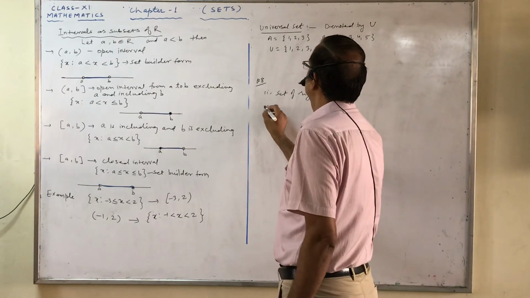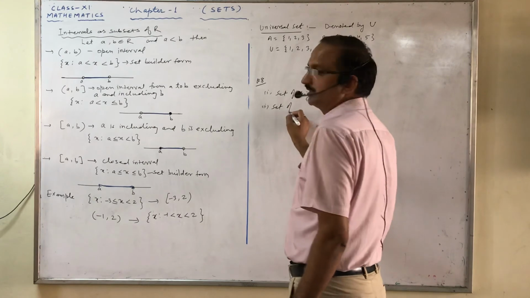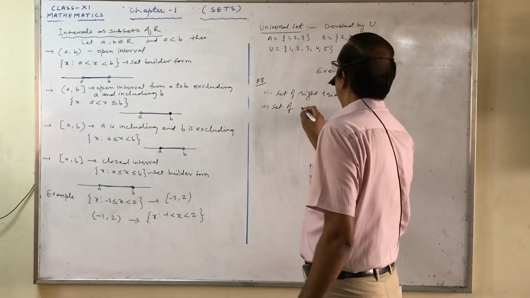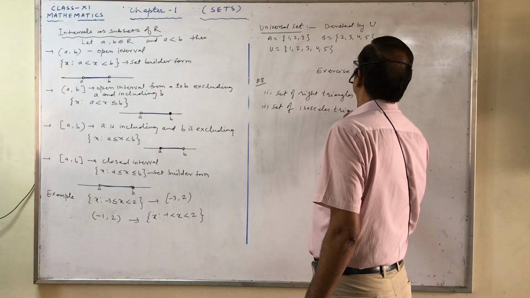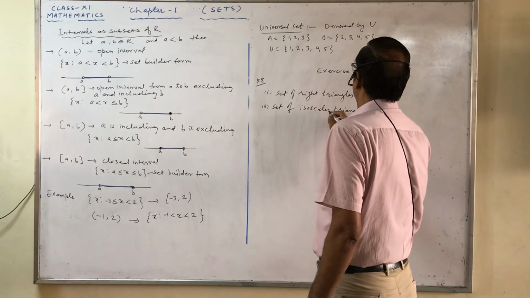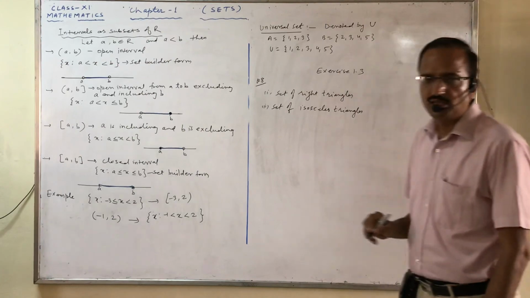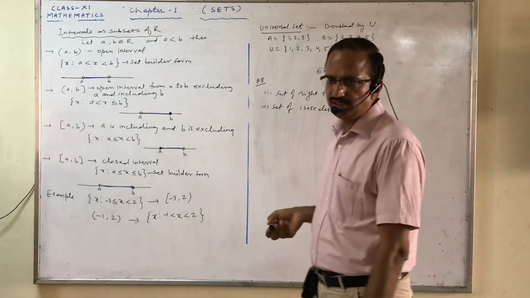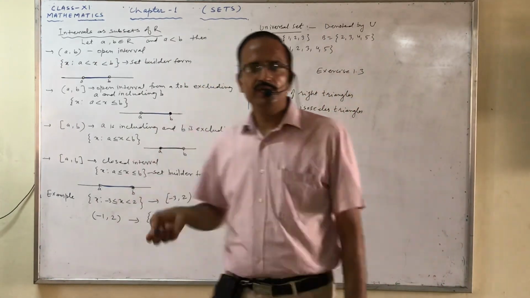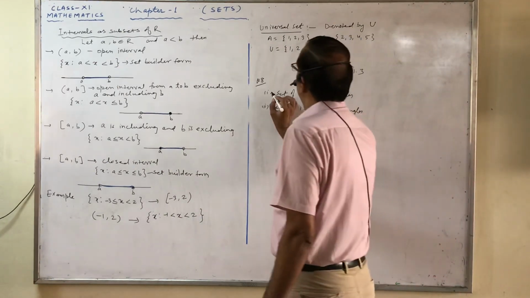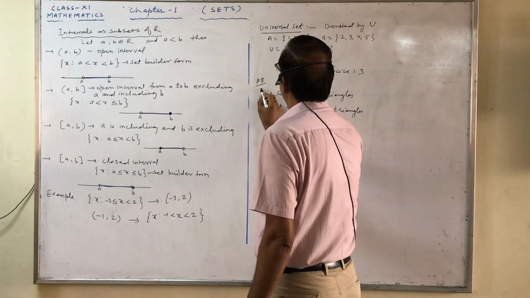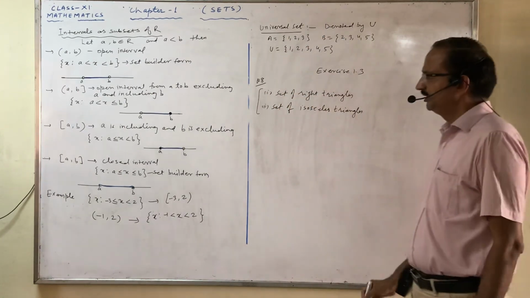And the second one is set of isosceles triangles. And the question is like this: what universal set you would propose for each of the following? Means a universal set which satisfy or which contain both the sets.